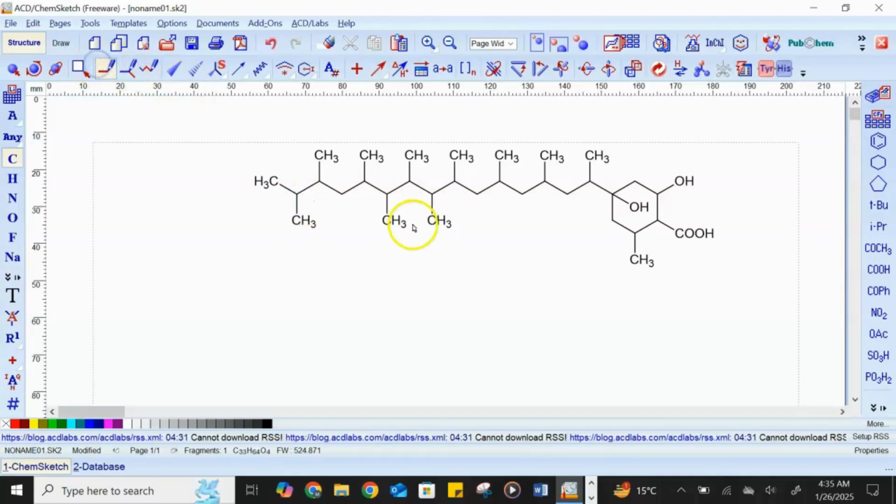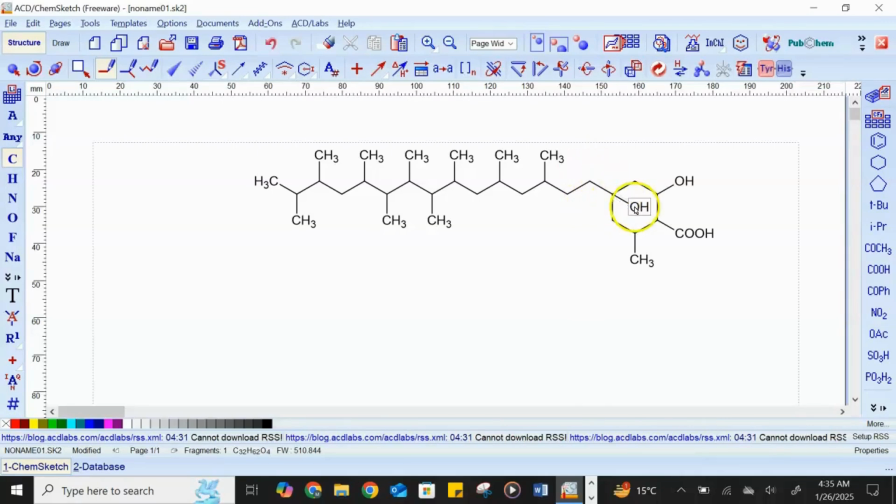On the first carbon right here, there is no bond in amphotericin B. It's an empty bond, so you're going to keep it empty as well. As you can see, it's empty now.